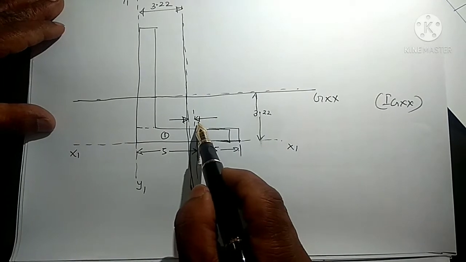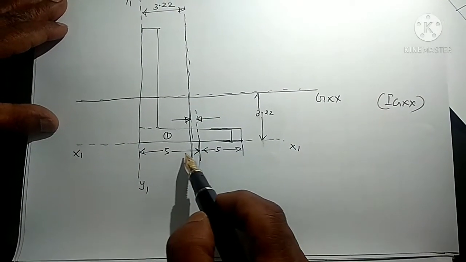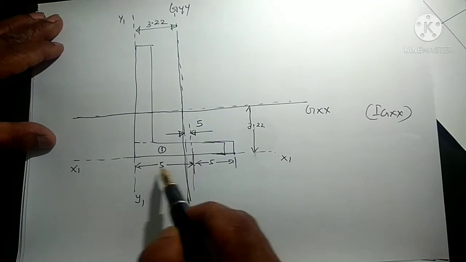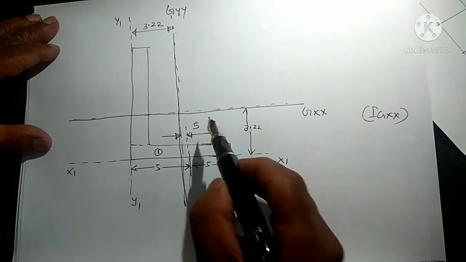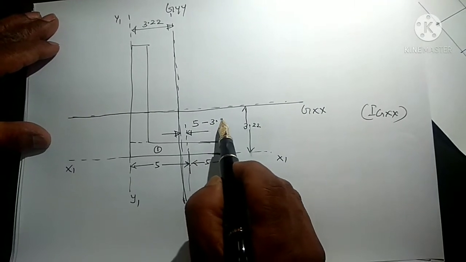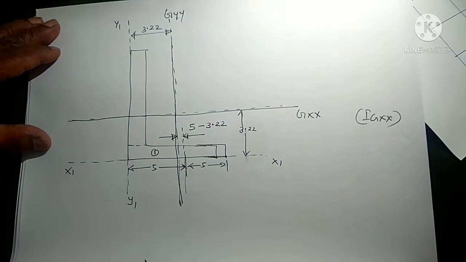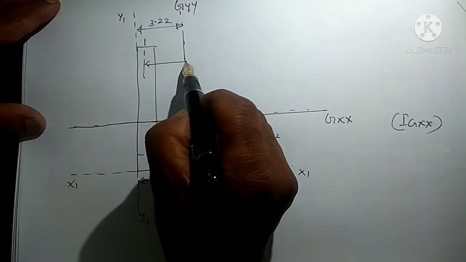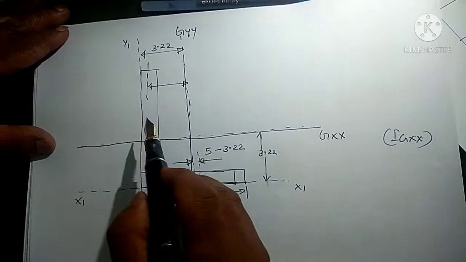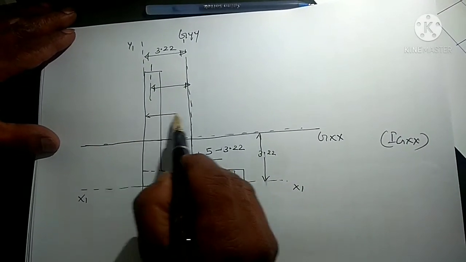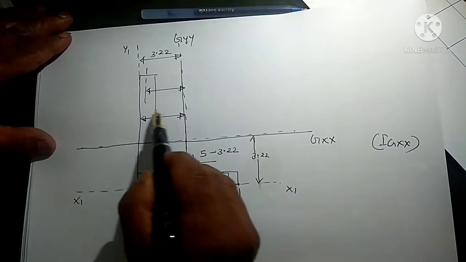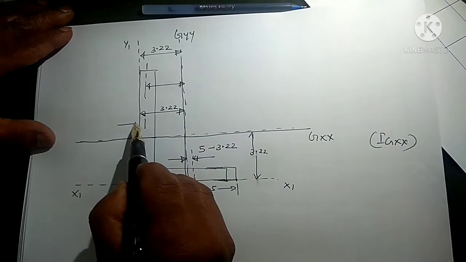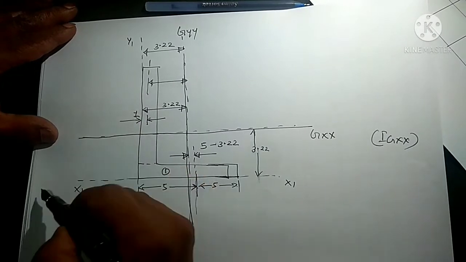So this can be found out from here to here, it is 5 minus this 3.22. And similarly for this one, you have to find out this distance. From here to here it is 3.22, and from here to here it is 1.